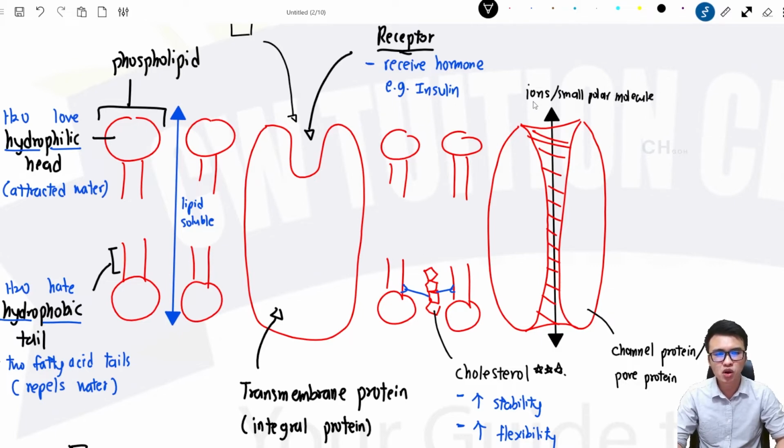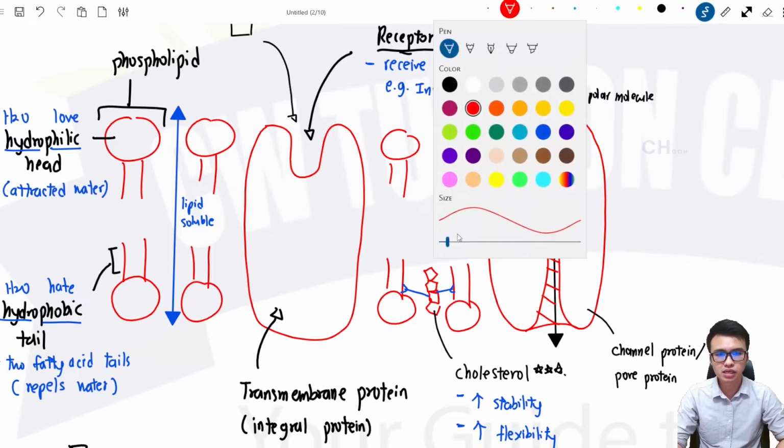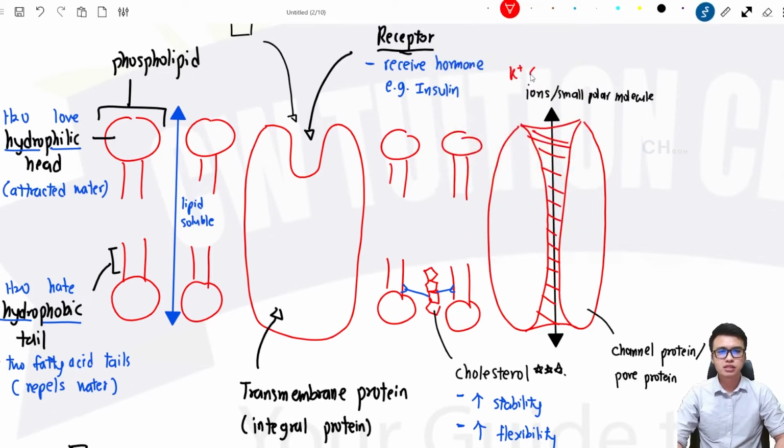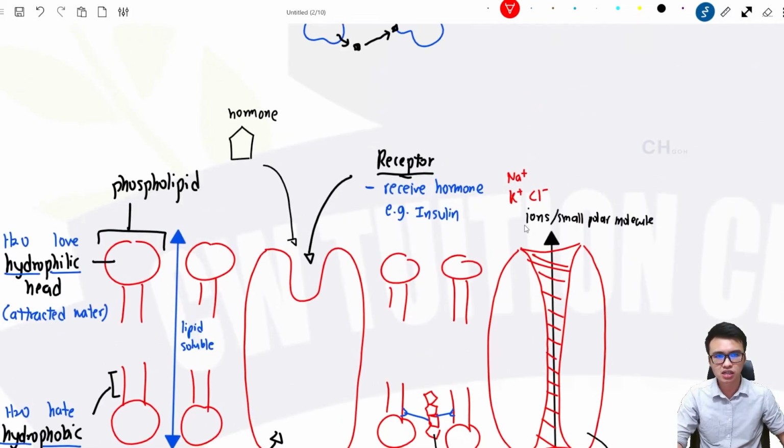Guys, what is an ion? What is a polar molecule? I'm going to explain polar molecules later, but let me explain what an ion is first. An ion is anything with charge. For example, K plus has a plus charge, so it is known as an ion. Cl minus, the chloride ion, has a negative charge, so this is an ion. Na plus has a charge, so we call it an ion. Anything with charge.